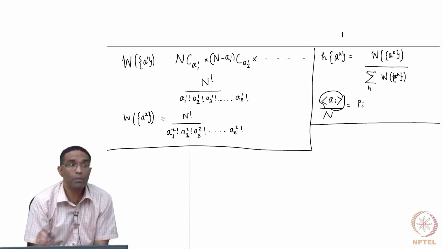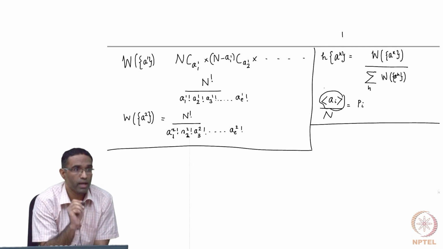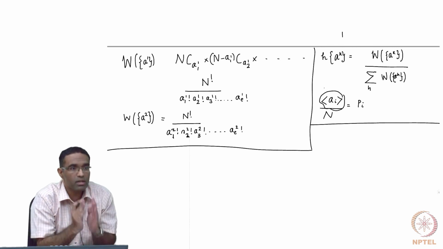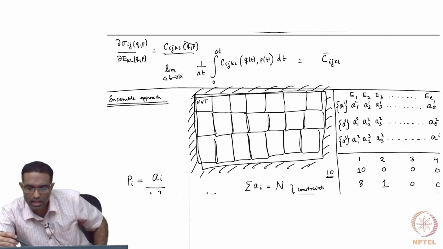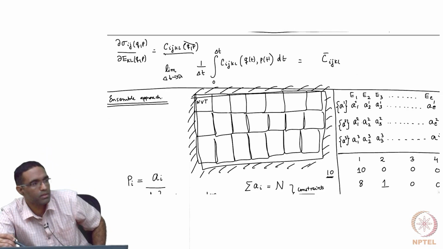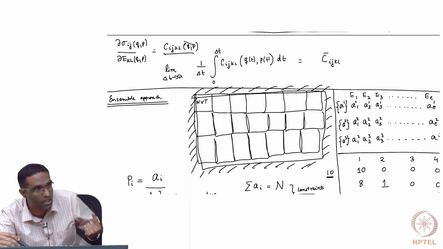Not the probability of E1. So listen to the question carefully. I want to find out the average number of systems with energy E1. So basically A11 plus A12 plus A13 and so on, divided by the total number. That is going to be the average number of systems with energy E1.